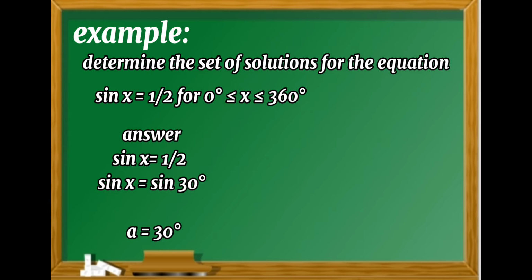The problem is sin x equals half. From the form sin x equals sin alpha, remember that half is the value of sin 30 degrees, so we can write sin x equals sin 30 degrees. So alpha is equal to 30 degrees.